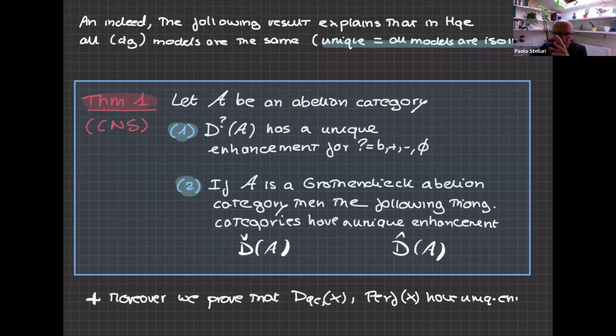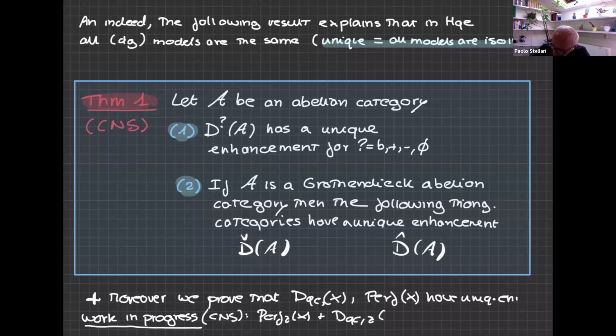So as soon as we have a good definition for such a localization, we can start comparing the DG models of all these categories, and we discover that they are all the same in the sense that they are all isomorphic inside this localization. Of course, there is also some work in progress, just to advertise, again with the three of us, in order to prove that perf ZX and maybe also DQC ZX are unique.